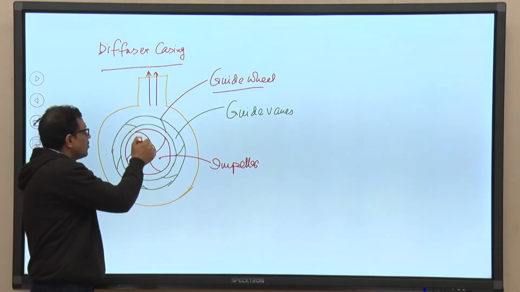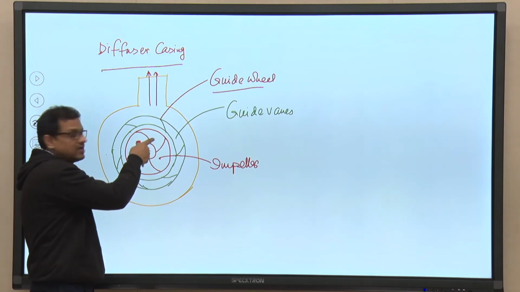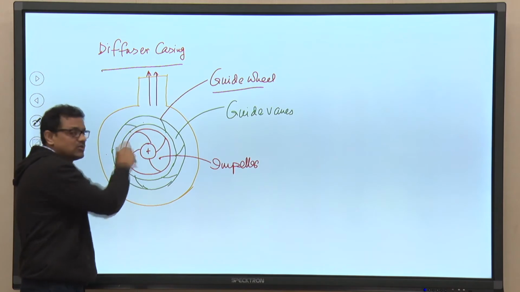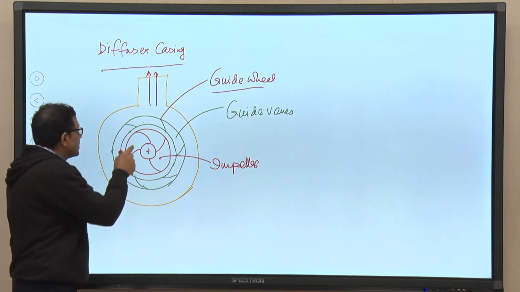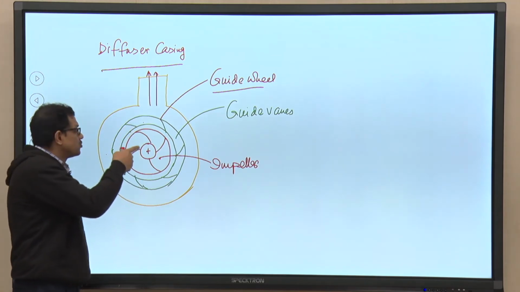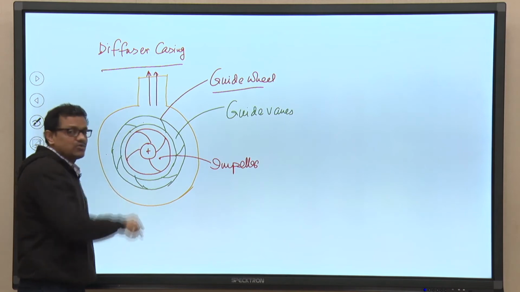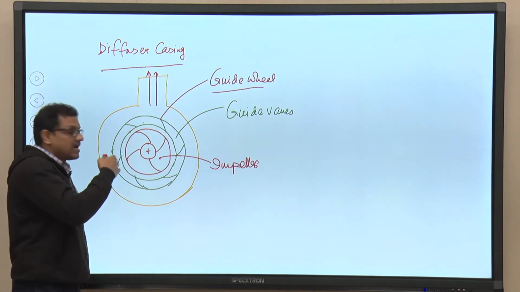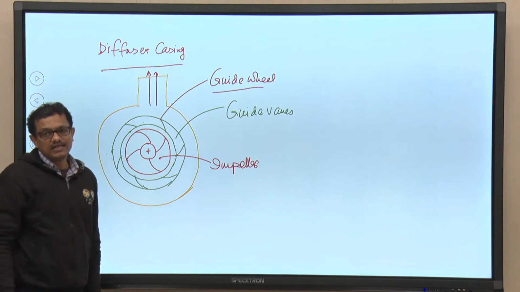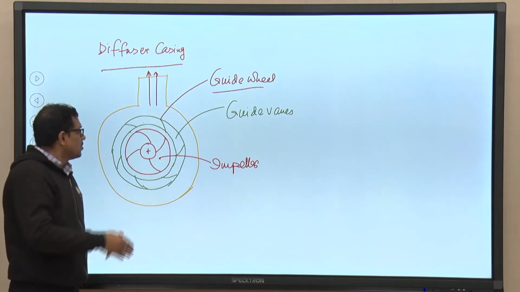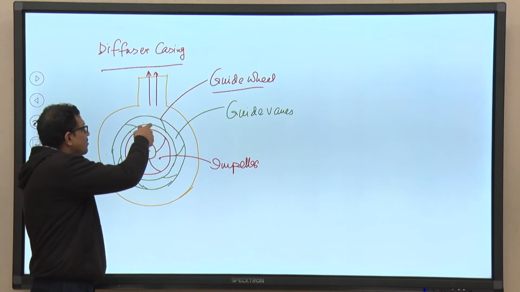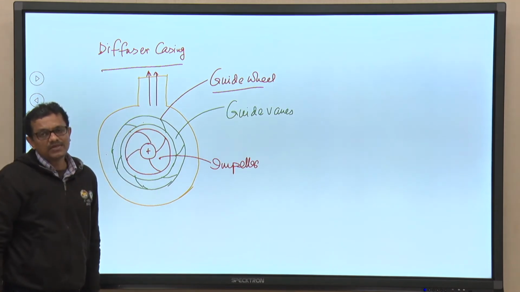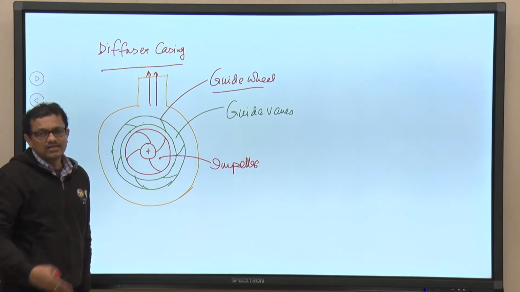So, while water is coming out from the impeller and entering the passage between two consecutive guide vanes, in the direction of flow through this passage there is gradually increasing area. So, that means in the direction of flow through this passage, velocity will be reduced and pressure will be increased. Okay. So, that is the objective.